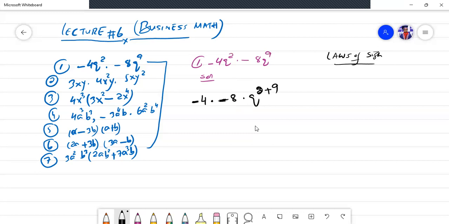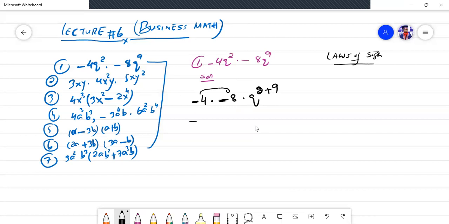We have been given the same signs. So always remember, according to the laws of signs, when we have two signs and both are the same, their product will be positive. So what will be the product of both terms here? The product will be positive.